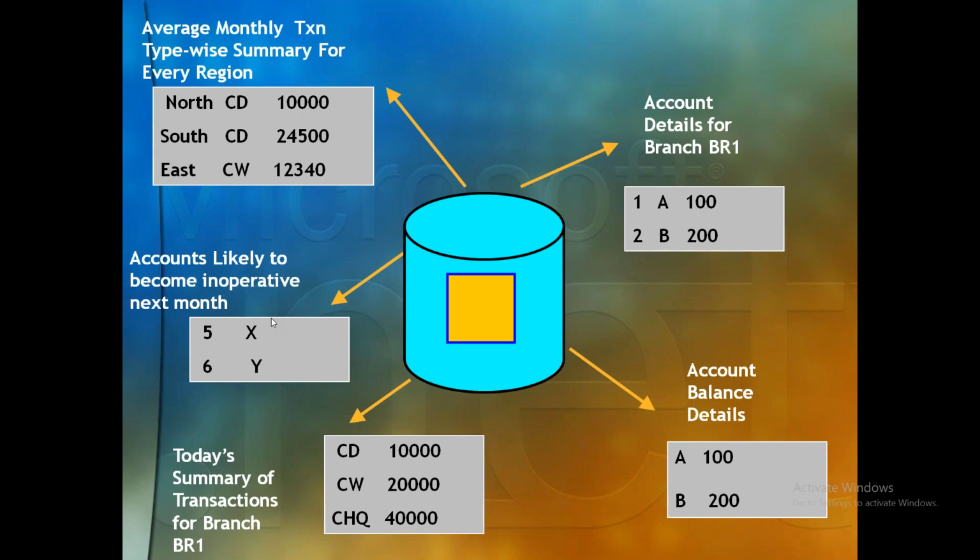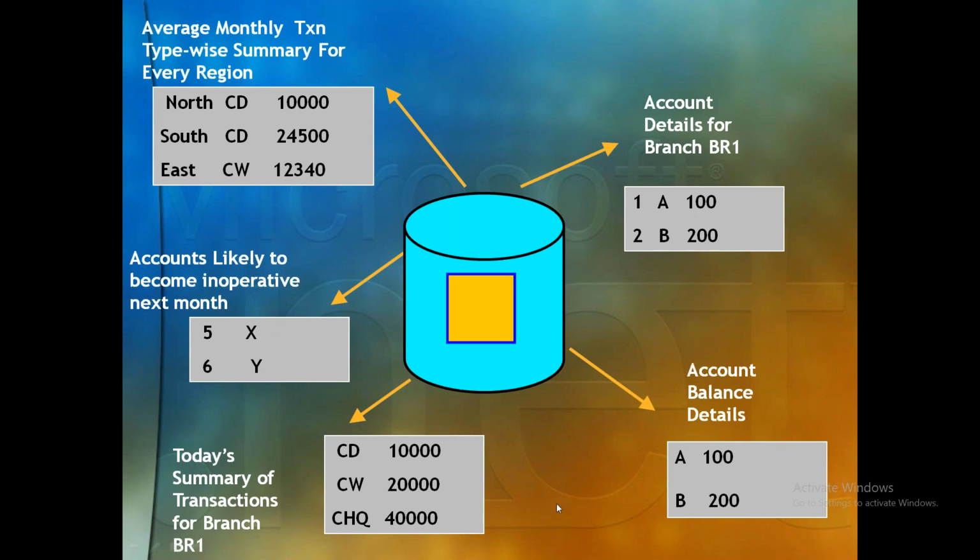Already you did not do any transaction against your account, so you can say that these accounts are likely to become inoperative next month. The bank may give you 6 months or 1 year of time, right? If you don't do any transactions against your bank account, then it will be marked as an inoperative account, right?